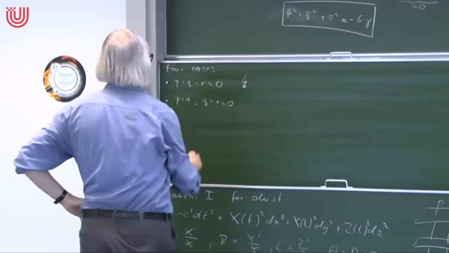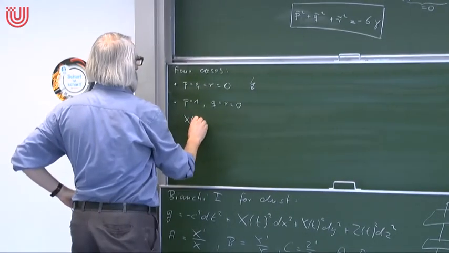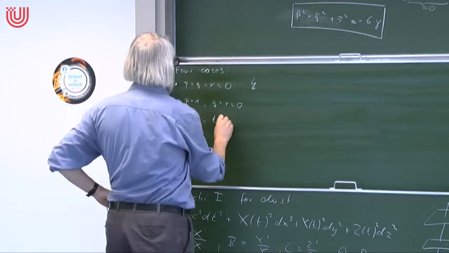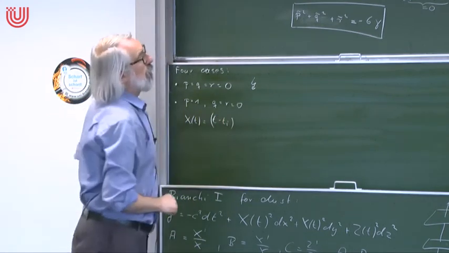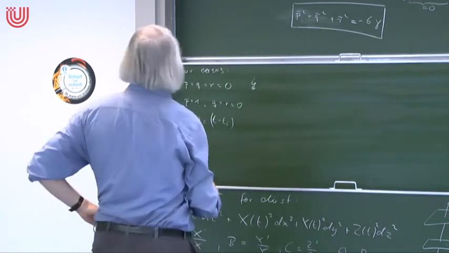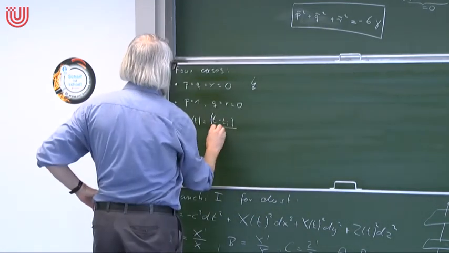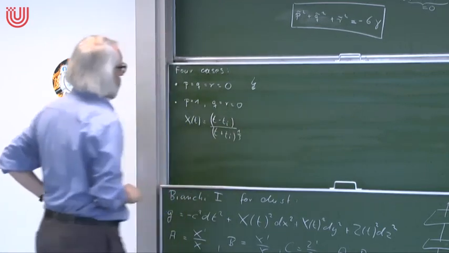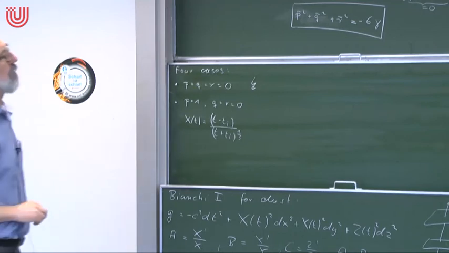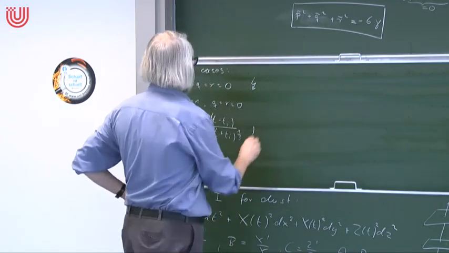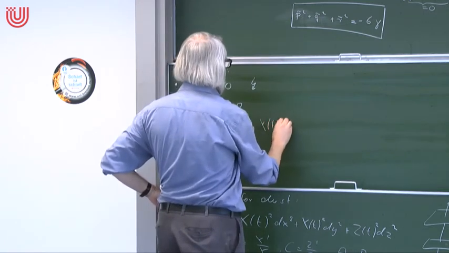So the x is then, P is equal to 1, t minus ti, and there I have an exponent 2/3 minus 1. That is minus 1/3, so I can write it in the denominator with an exponent plus 1/3. That's the x. And the y, actually q and r are the same, so the y is the same as the z.